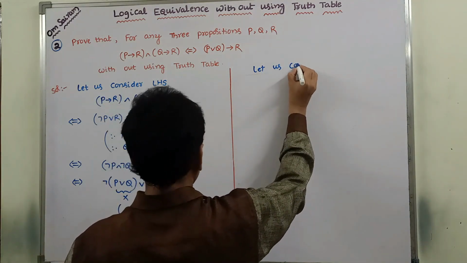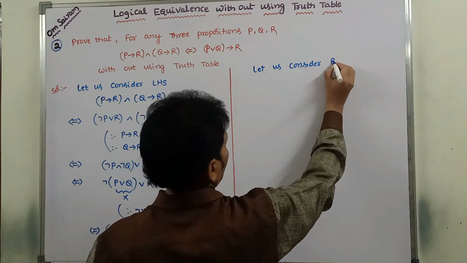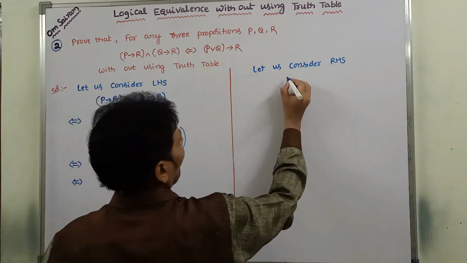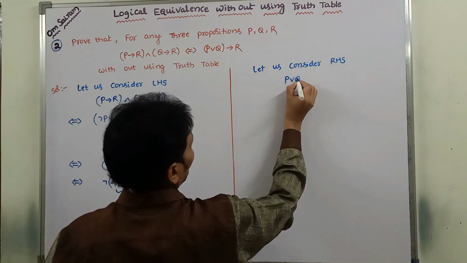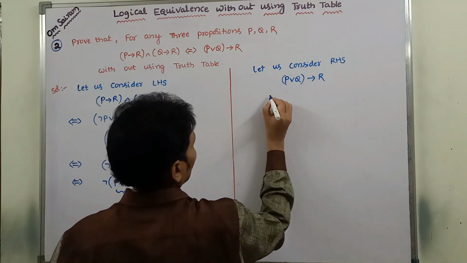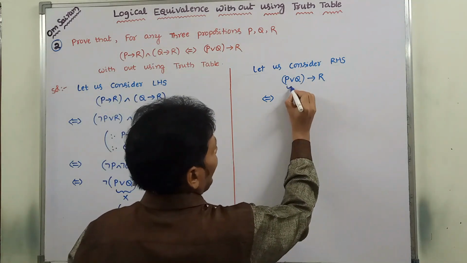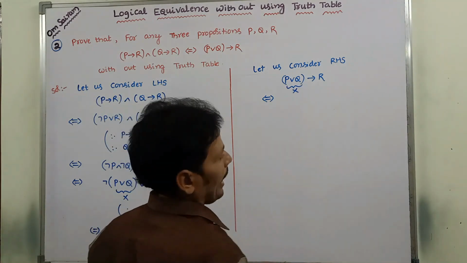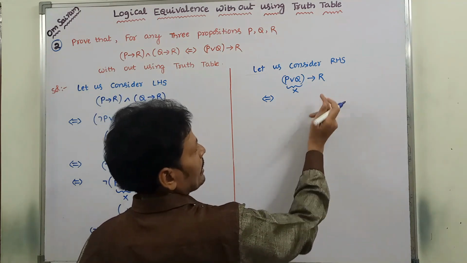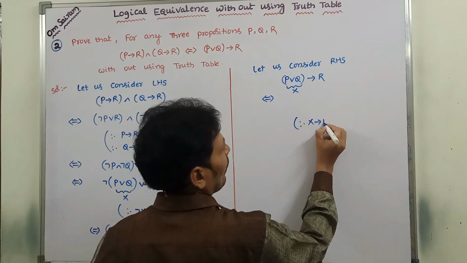Next, I am taking the RHS. Let us consider the RHS. What is the RHS formula? P or Q conditional R. Now this entire thing can be taken as X. So now it becomes X conditional R. What is the formula for X conditional R?